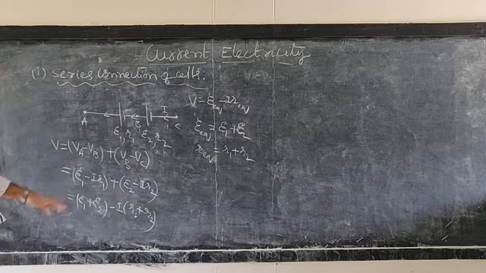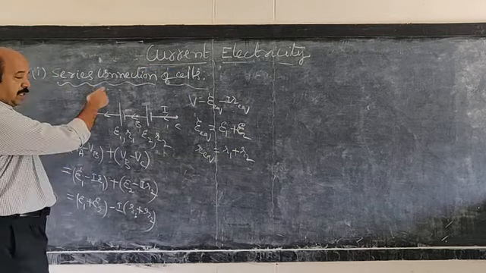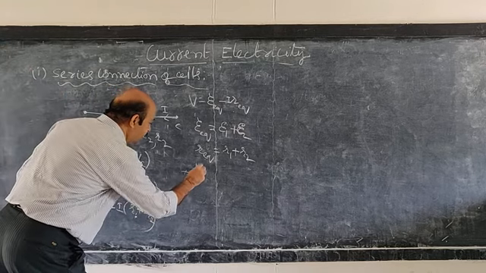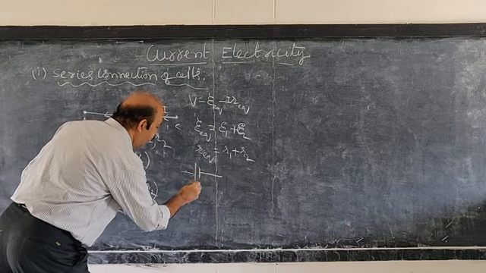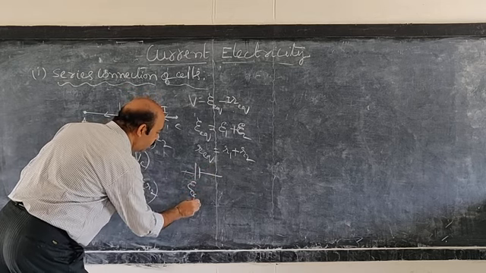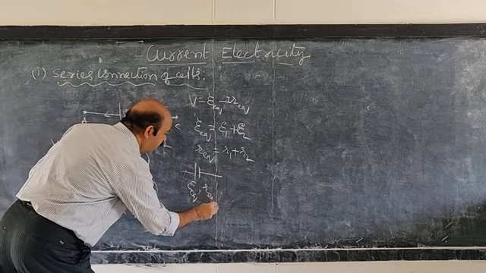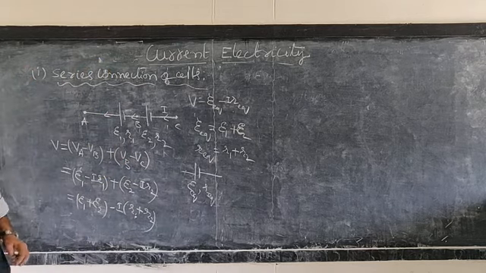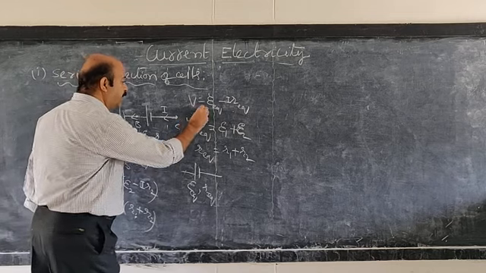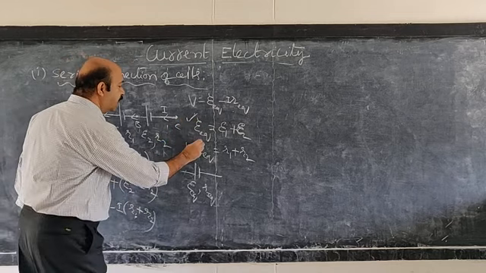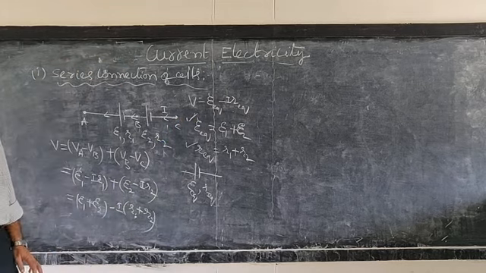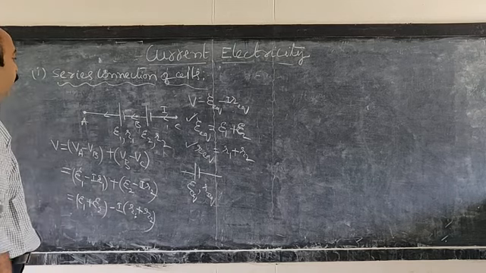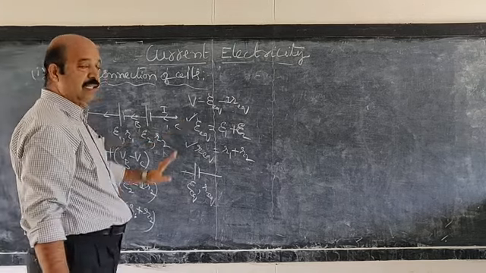So it means you can replace this series combination by a single cell, a single cell having equivalent EMF and equivalent internal resistance. That can be replaced by a single cell whose EMF is given by this formula and internal resistance is given by this formula. Now you can connect any number of cells like this.